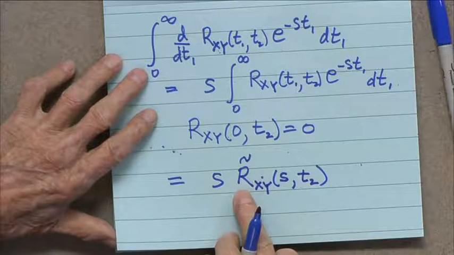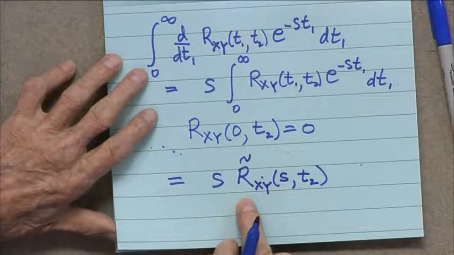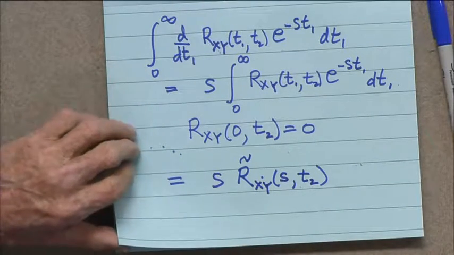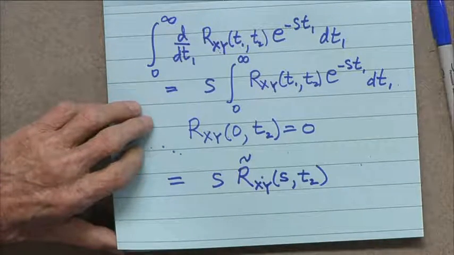But I've already got a capital R. I guess I could go to lowercase r, go in the opposite direction.